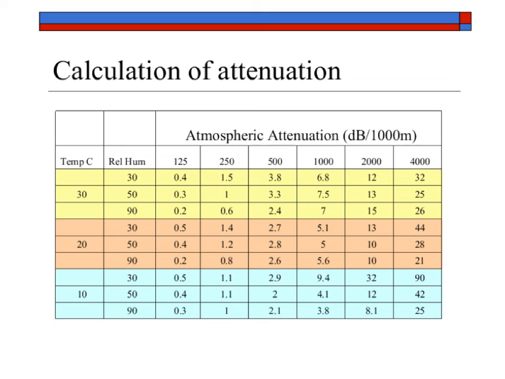On the other hand, if you look at the other side of the graph, 4,000 Hertz, you see that no matter what the temperature and humidity, again, there's a substantial loss of decibels per 1,000 meters, 20, 30, 40, 50, or even as much as 90 decibels. So high-frequency sounds will definitely not carry over great distances.